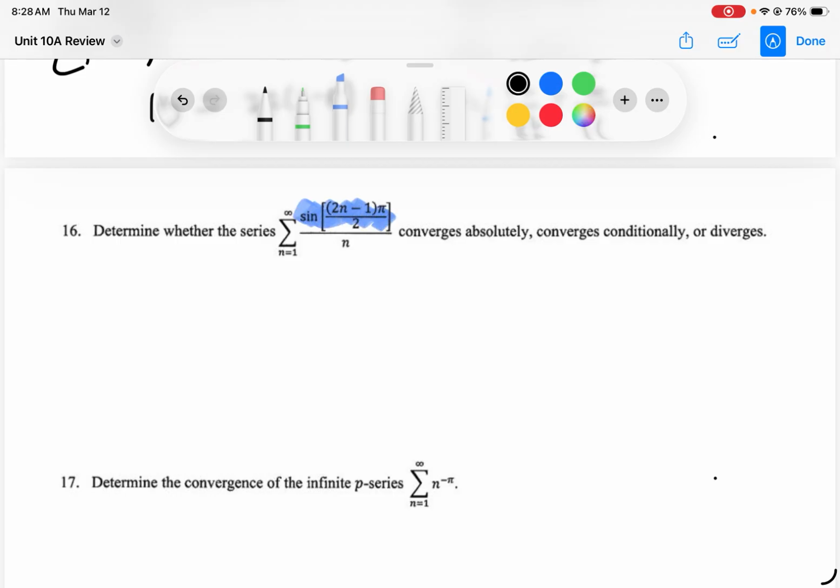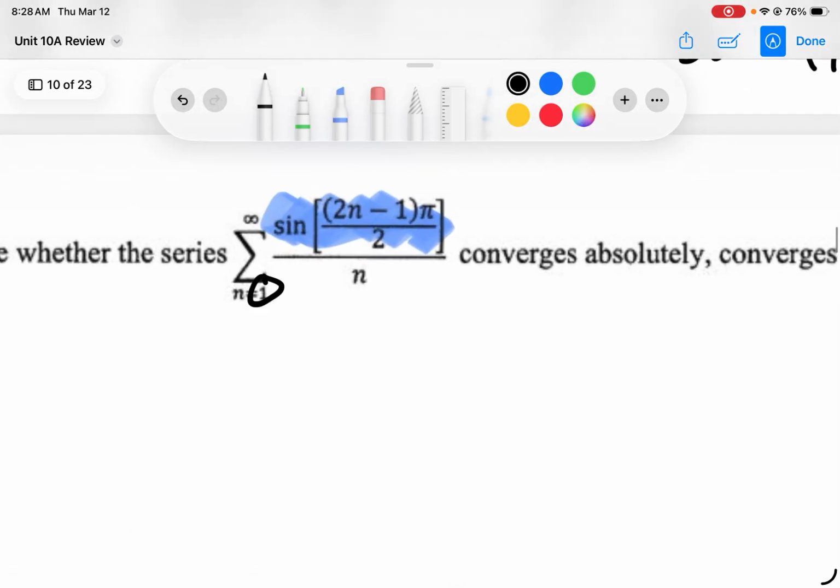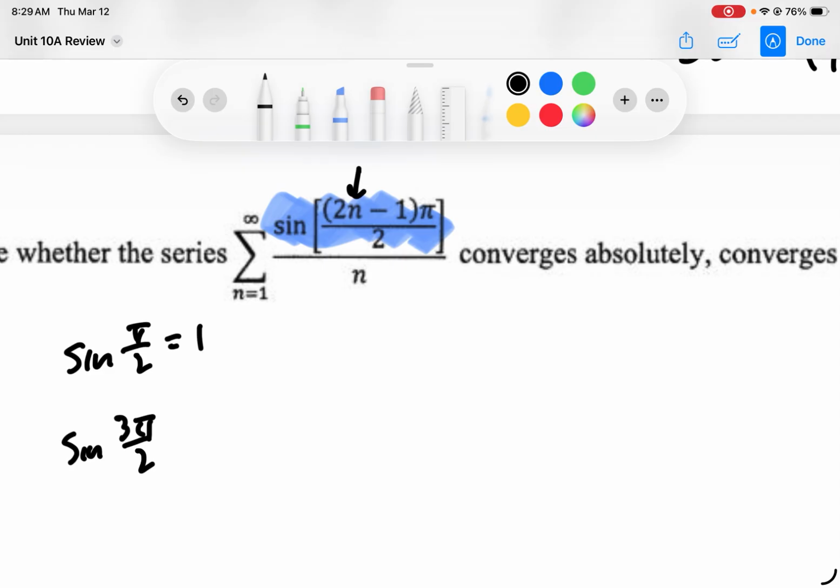If I plug in 1, the first counting number, it's sine of (2 minus 1) pi over 2, which is sine of pi over 2. Sine is the y value, so sine of pi over 2 is 1. Then I plug in 2: 2 times 2 is 4, minus 1 is 3, so sine of 3 pi over 2.